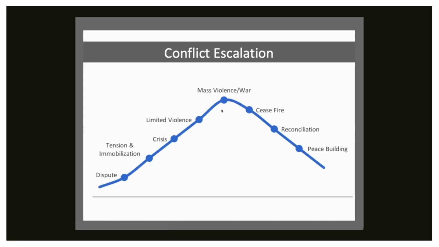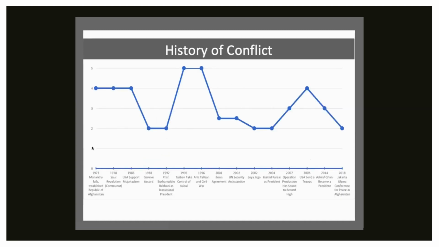This is the mass violence situation. Number 1 is the dispute situation. Number 2 is the tension and mobilization. Number 3 is the crisis situation. Number 4 is the limited violence. And then number 5 is the mass violence situation.